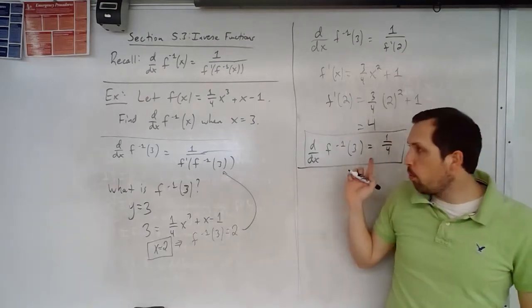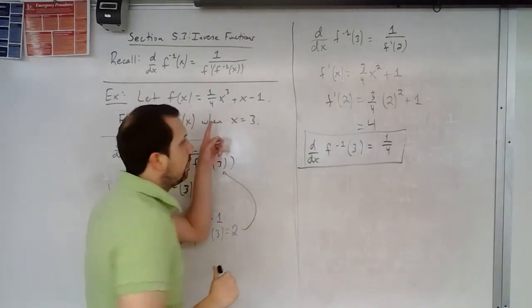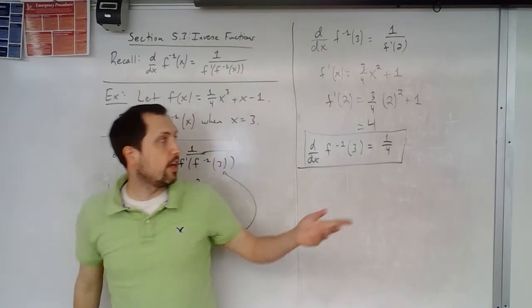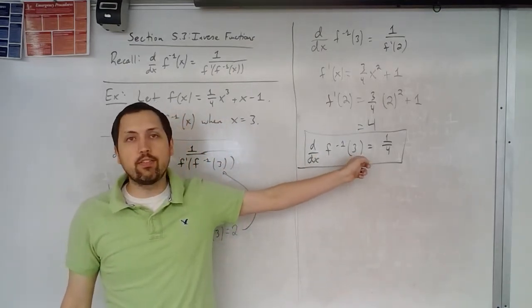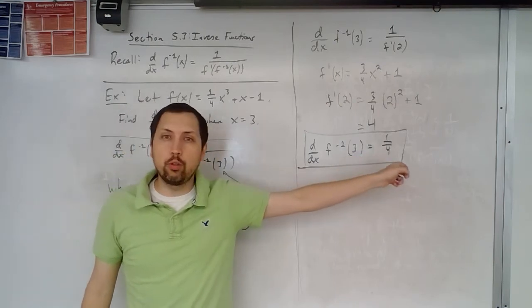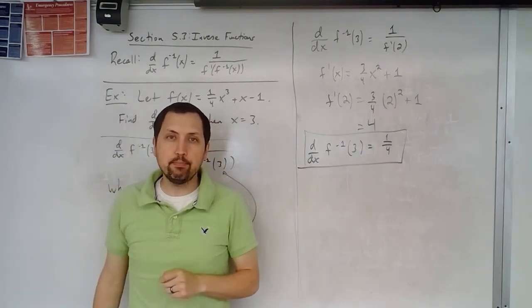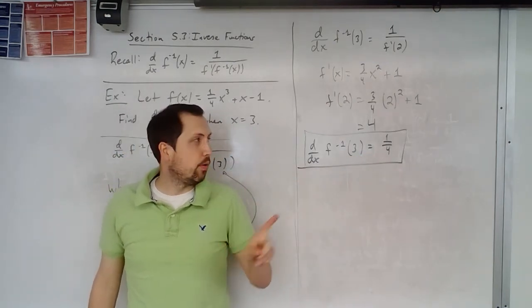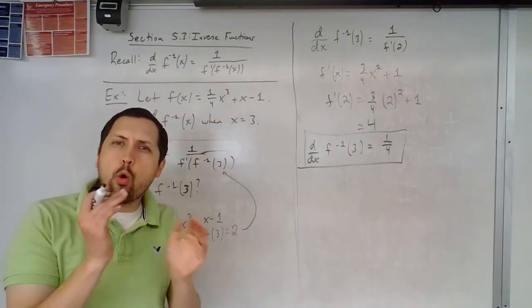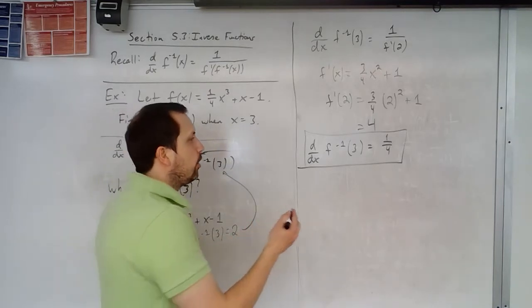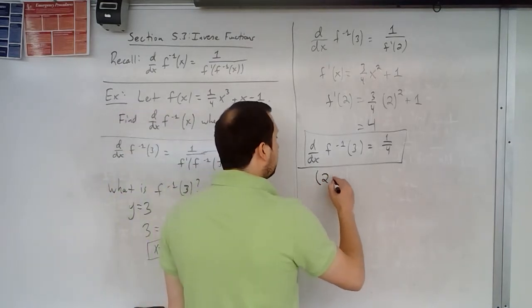So whatever this function looked like, and whatever its inverse function looked like, the slope of the tangent line at 3 of the inverse function is equal to 1/4. Now, notice there's a point associated with this: the point (2, 3).